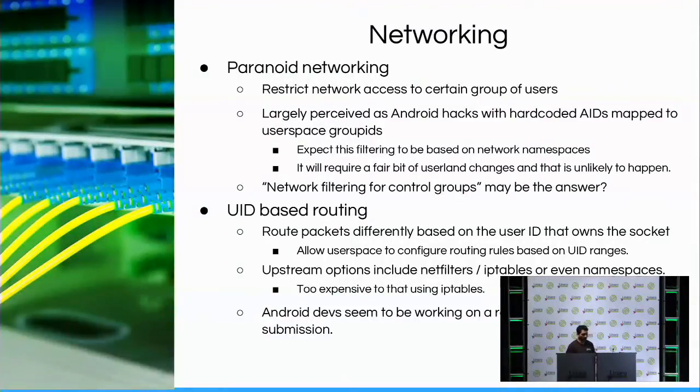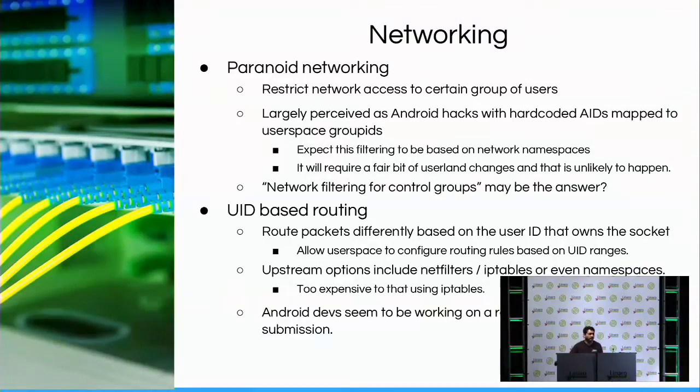I'll start with the networking core. Networking is something interesting here, because what Android does is that every application starts as a separate user ID. And depending on that app, the user can be part of one or more groups, which again may or may not have access to networking resources based on that group ID.